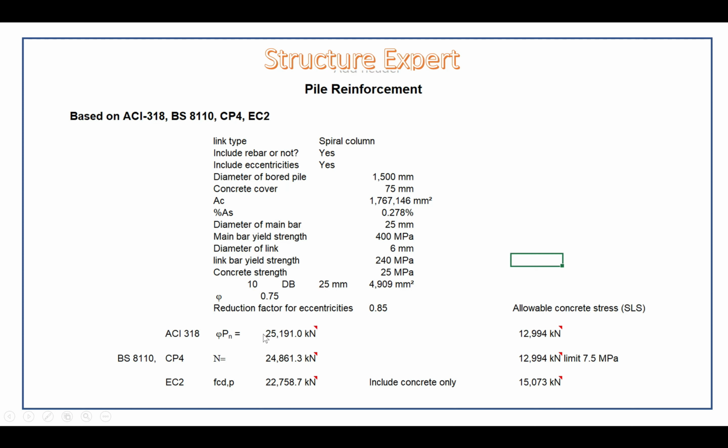And you see here it is summarized for the ACI code. I just put in material and geometry, so we will convert everything and compare each other. And we will talk about the limit for the concrete.